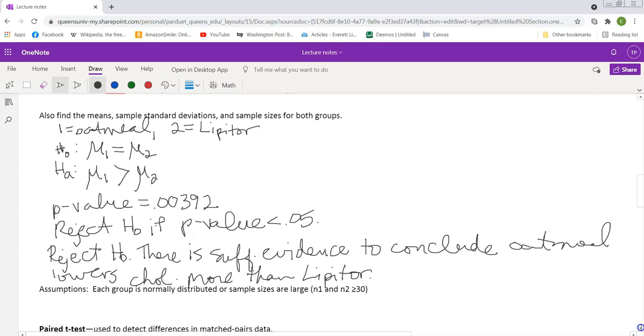And in this class, we're not making that big a deal out of them, but in order for this test to be valid, we should know that both of these two groups are normally distributed, meaning that we should do a histogram on each group and just make sure they're not too far off. If the sample sizes are really large, then it's okay either way. But yeah, I just wanted to point that out.